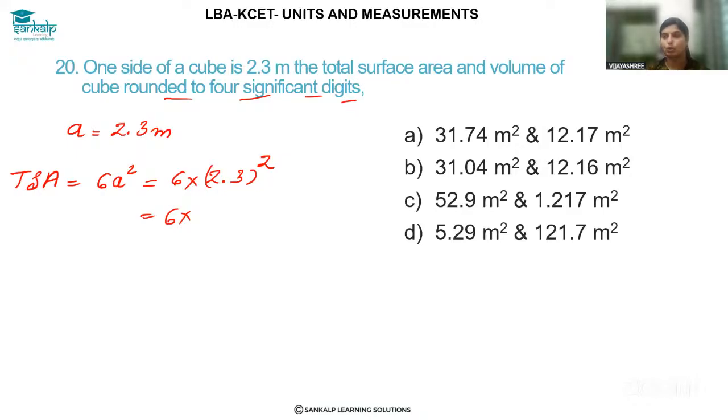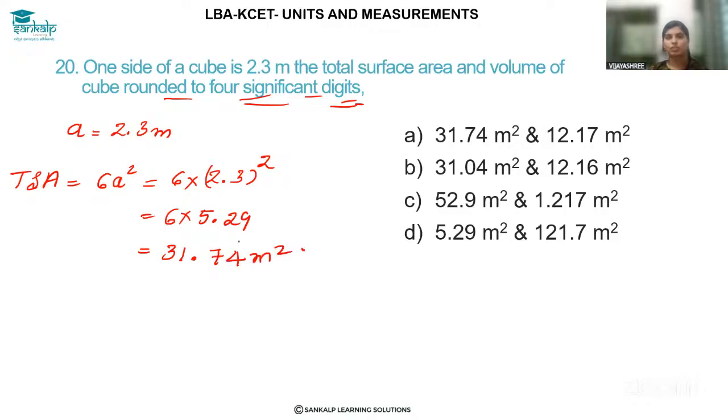What is 2.3 into 2.3? 23 the square is 529. So 2.3 the whole square is 5.29. Right, so we have to round this off to 4 significant digits. So 6 into 5.29 will become 31.74 meter square.